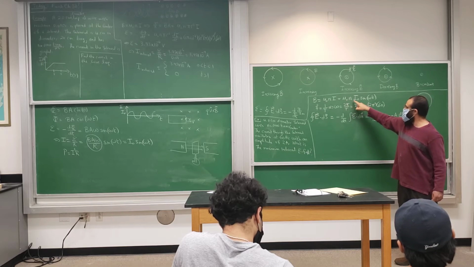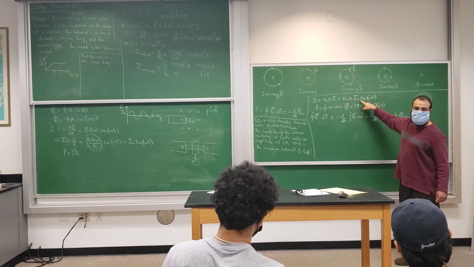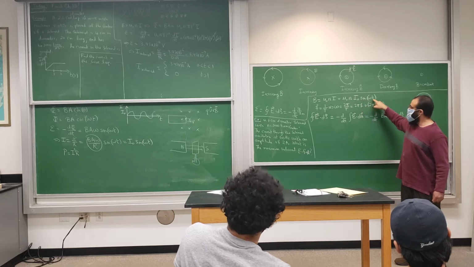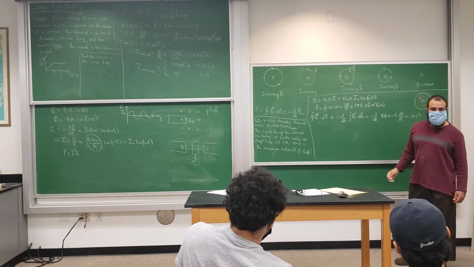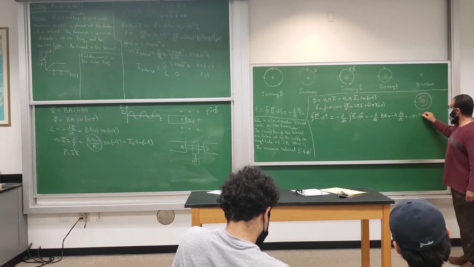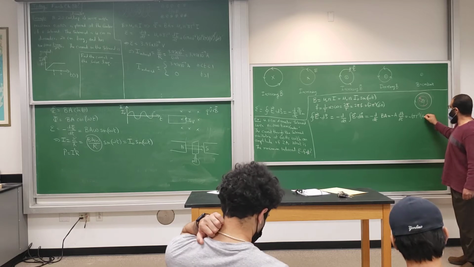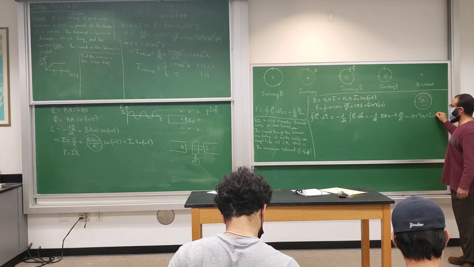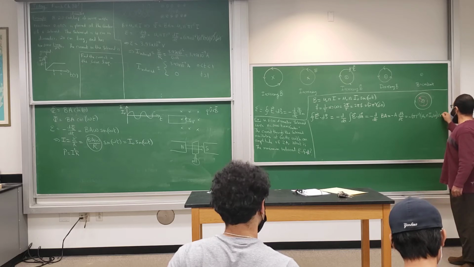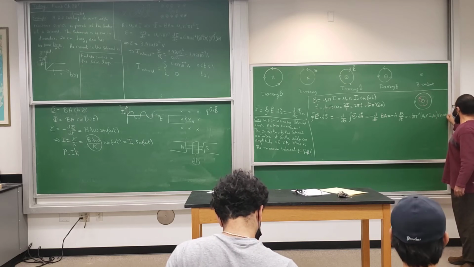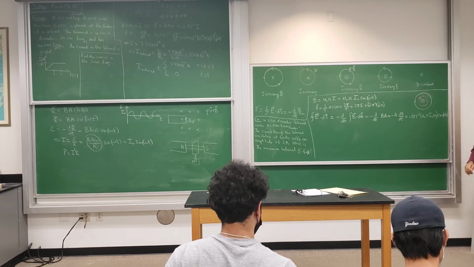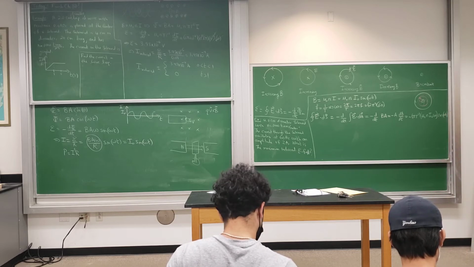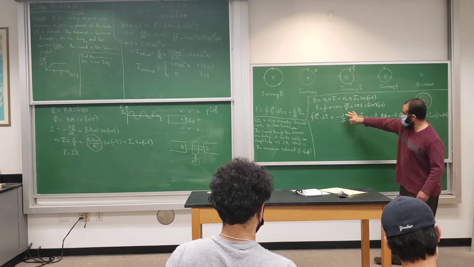You get mu naught n I0, and then an omega comes out, and then you have cosine of omega t, right? The derivative of sine is cosine. So times mu naught little n times I0 times omega times the cosine of omega t. It's a long expression. So that's the right side of this Faraday's law.